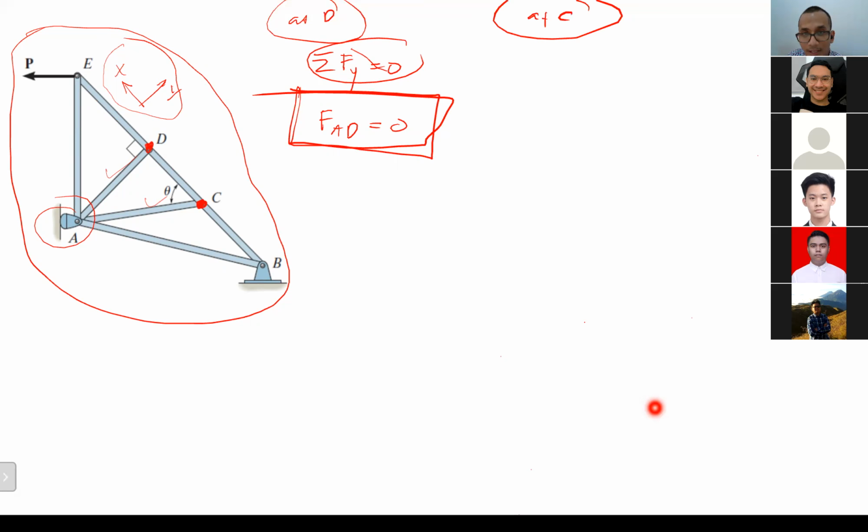When I take a look at C, let me use sigma Fy equal to 0 again. Among those members joining at C, please list out a member which has a Y component.